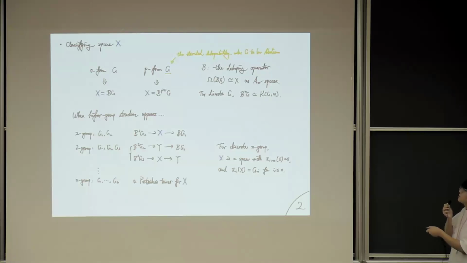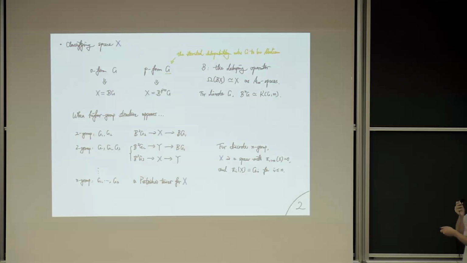In the case of zero-form symmetry, I think we are very familiar with the form. It's given by something we usually denote by BG. If we consider higher form symmetry, we should increase the number here. So it's B^{p+1}G.